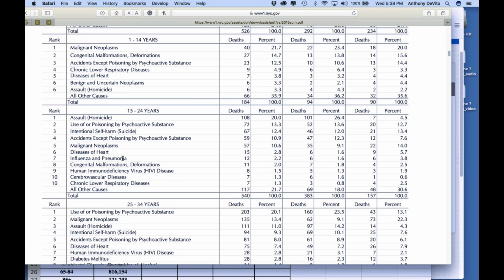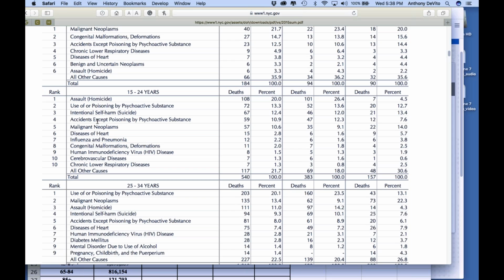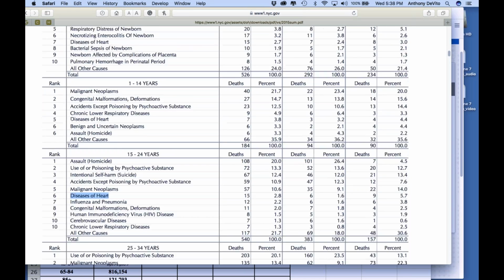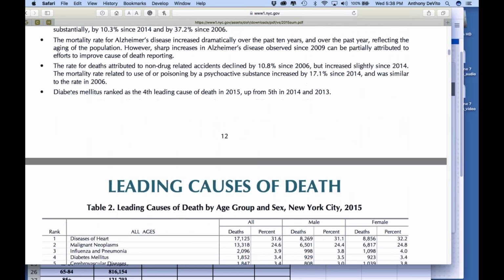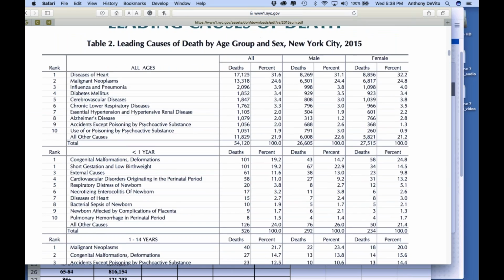So that's under 1 year old, I think I ignored that. But for diseases of the heart, they have the number of deaths for males and females and the percentage of those particular populations. Also in the previous page, the summary, you'll have the total populations of those groups in New York City.